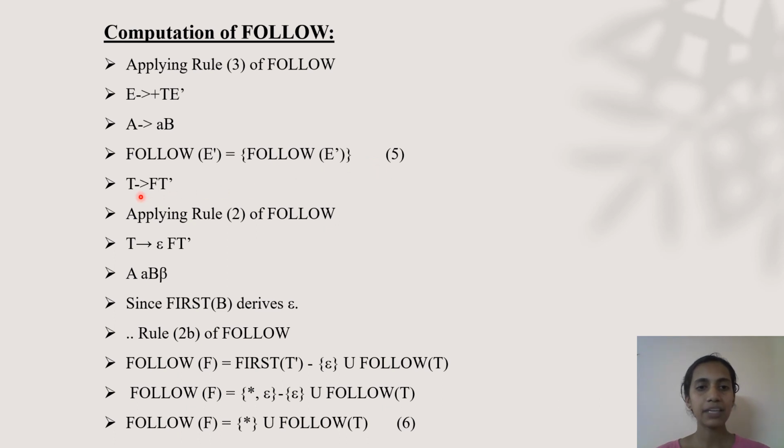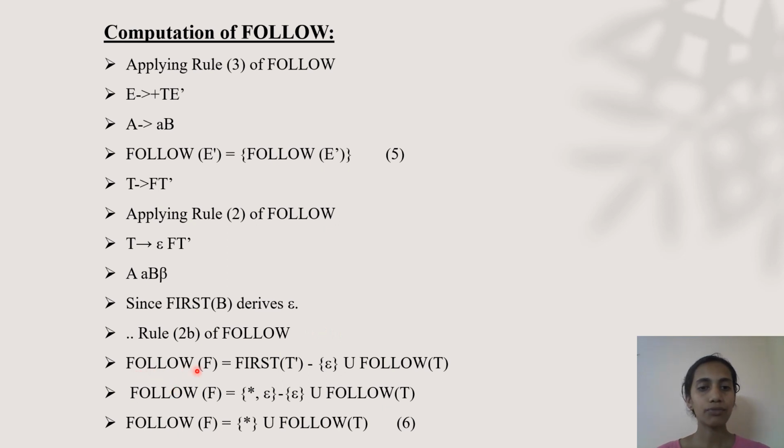Coming to the next step, T tends to F T dash. We will apply the rule 2 of follow. Then we will get T tends to epsilon F T dash, and then A tends to alpha B beta. Since first of beta derives epsilon, therefore rule of 2B of follow comes into existence.